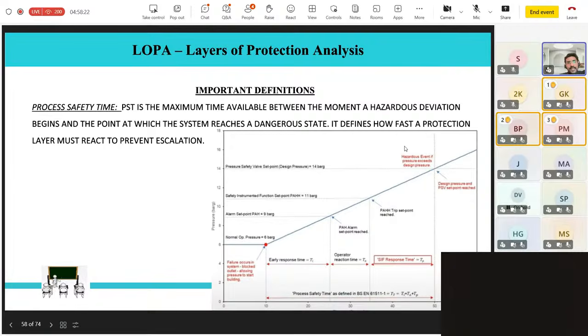PST is the maximum time available between the moment a hazard deviation begins, that means the moment your operating envelope is lost or the parameters are moving out of the operating envelope, to a point at which the system reaches a dangerous state. So this is the time you have from the parameters' offset from the operating envelope or your controls failure to a point where there can be a hazardous event. That whole time range is called the process safety time. It defines how fast a protection layer must react to prevent escalation.